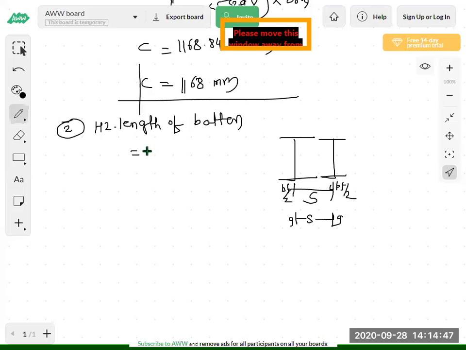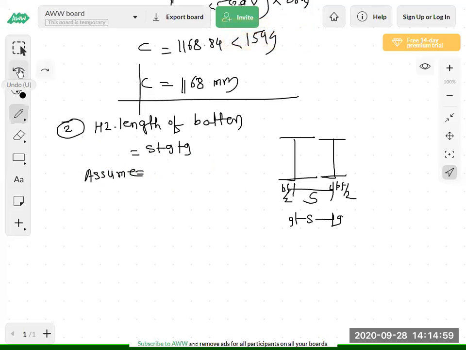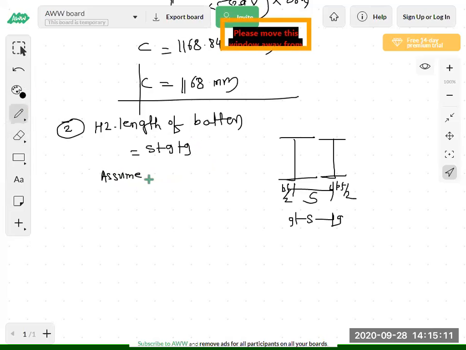So here we will add S plus G. Here we will assume G is equal to 40 mm.